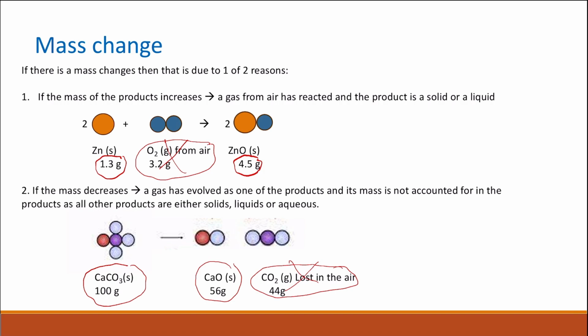So if you have 100 gram of calcium carbonate and then you heat it and there is a thermal decomposition, you will find that your product is actually 56 gram of calcium oxide because the carbon dioxide is lost in the air. So this is why there is a decrease in the mass of the product.